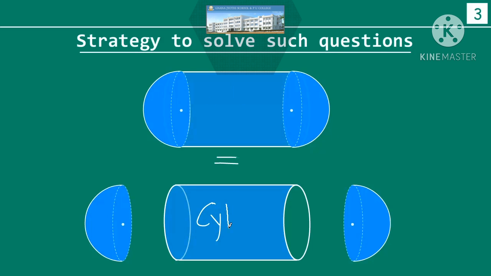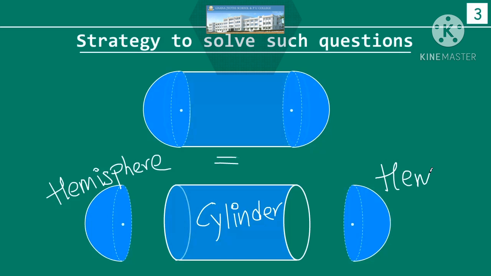So this is our cylinder, and then I have two hemispheres. So even though we have a complex looking shape, we should be able to break this shape down into one hemisphere plus a right circular cylinder plus another hemisphere.